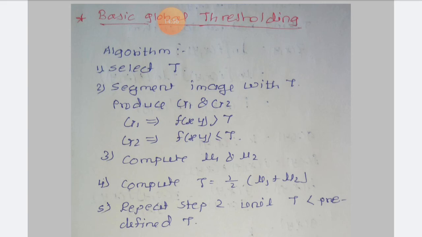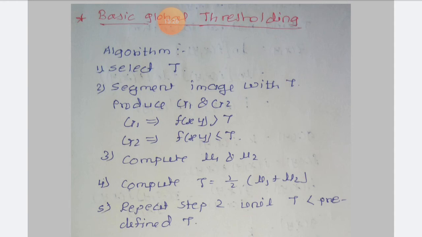When there is reason to believe that the background and object occupy comparable areas in the image, a good initial value of t is the average gray level of the image. When objects are small compared to the area occupied by the background or vice versa, then one group of pixels will dominate the histogram and the average gray level is not as good an initial choice.